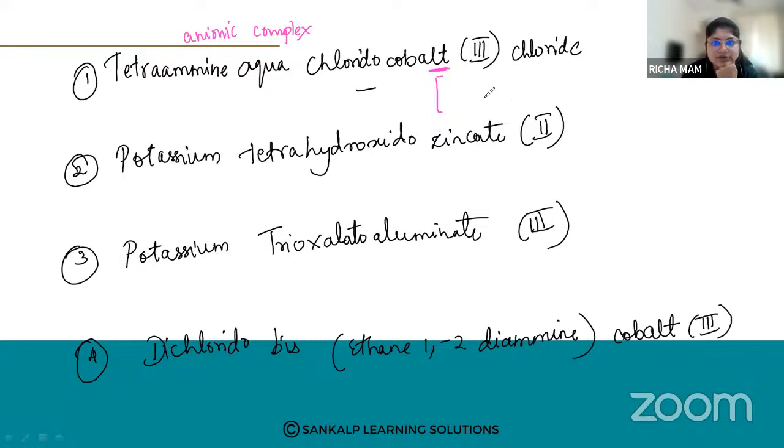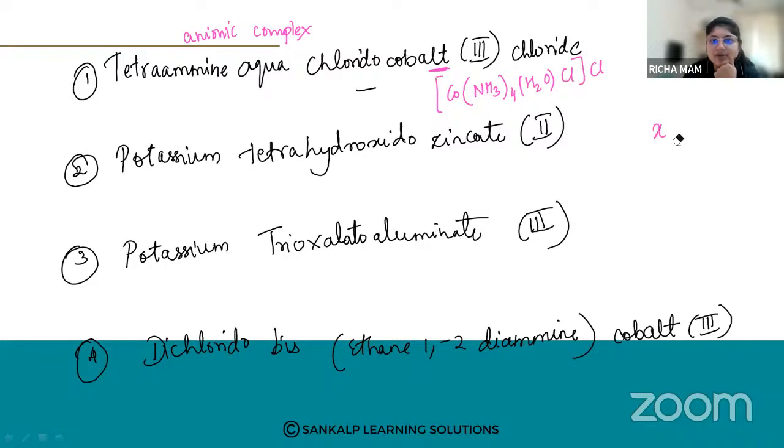Then your cobalt will come, then tetraamine, so NH3 4. Then aqua, then chlorido, and then chloride. What will be the charge? Cobalt is X. Cobalt is 3.